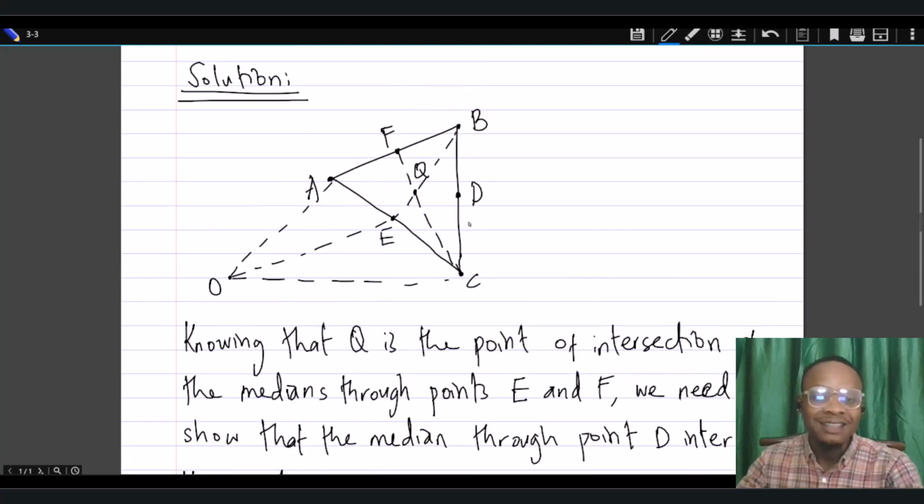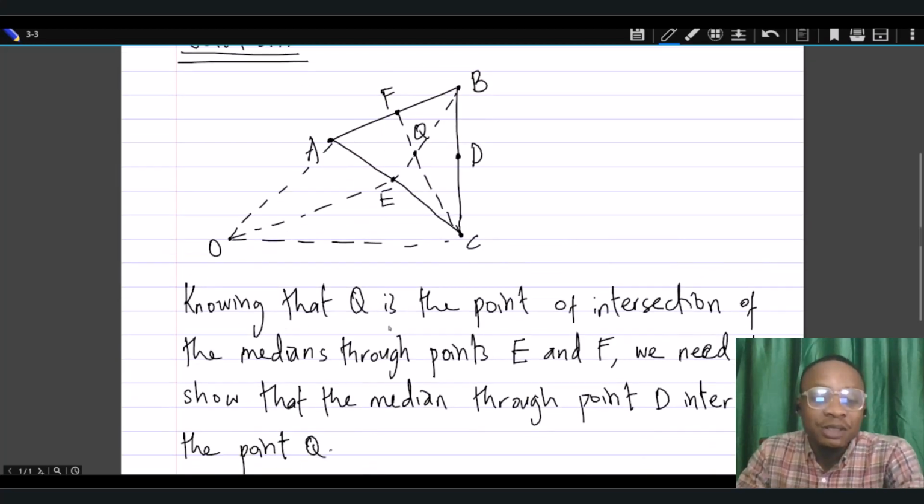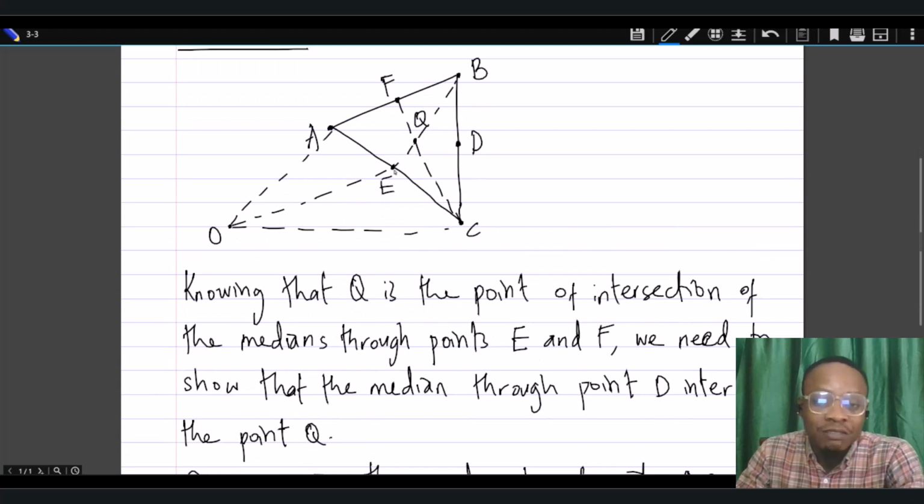Now the next thing is this. What is the implication of this observation? If this median from B to E and the median from C to F intersect at this point, which is the meaning of the point Q, then what is the implication of that mathematically?